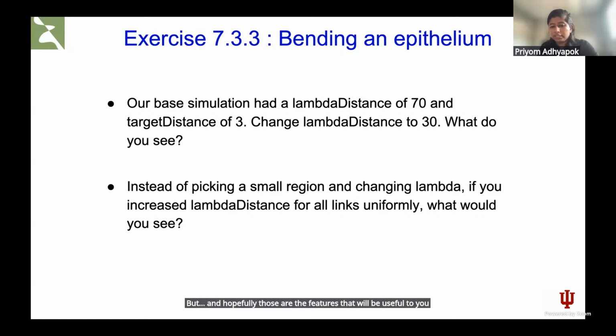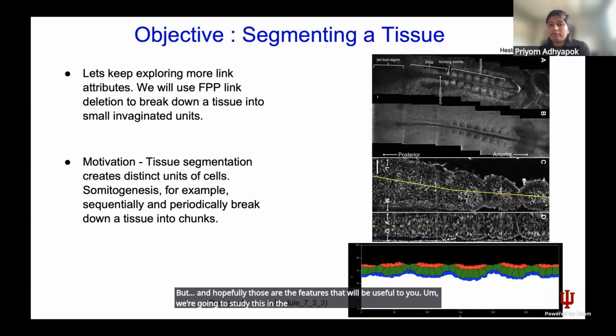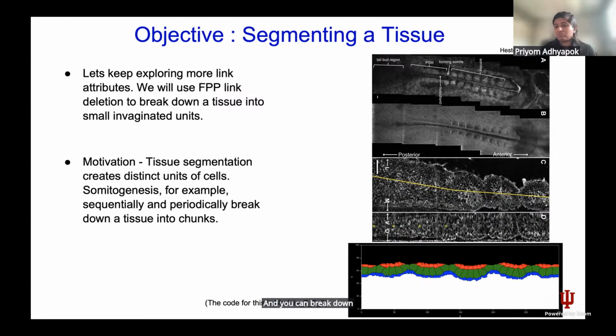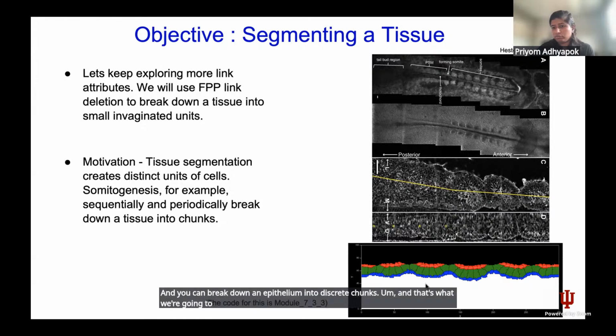We're going to study this in the context of inducing tissue breaks, and so more familiarly, a process of segmentation, in which you can break down an epithelium into discrete chunks. And that's what we're going to try to do, using the epithelial layer that we have built so far.